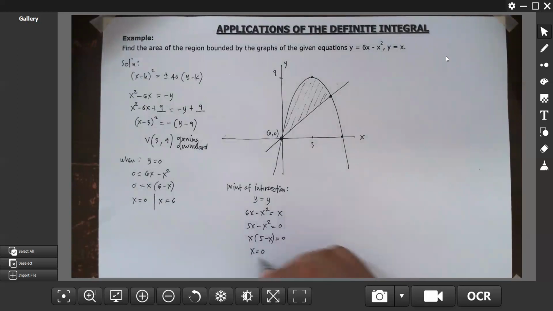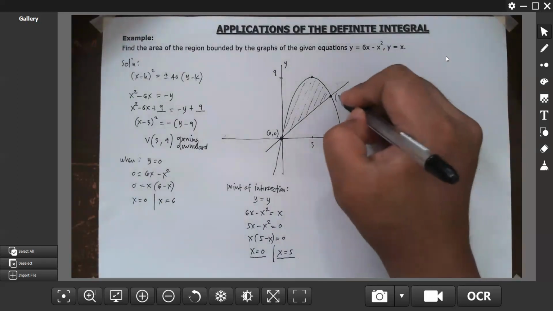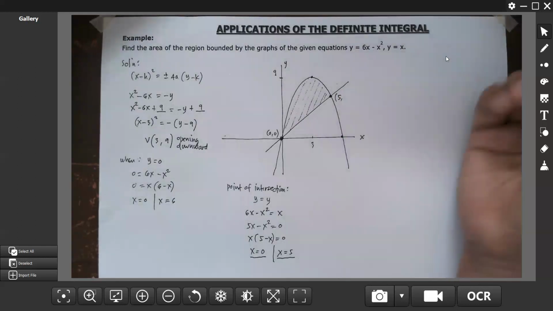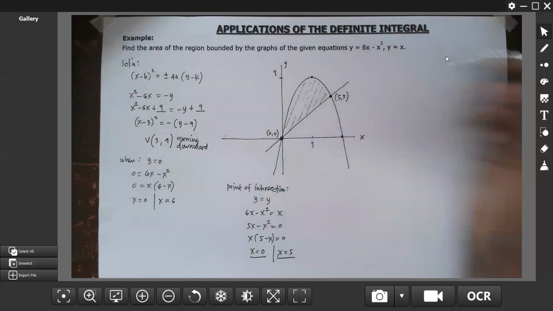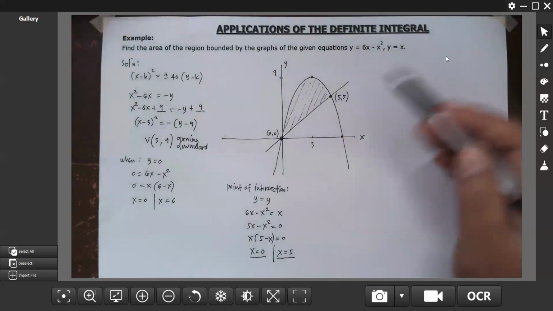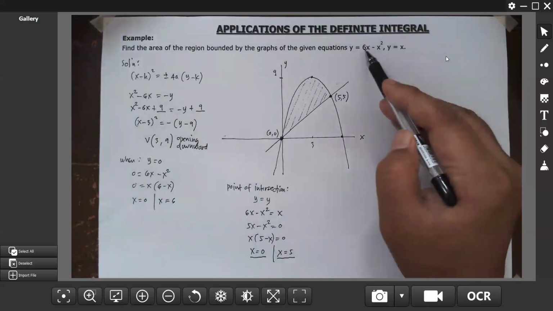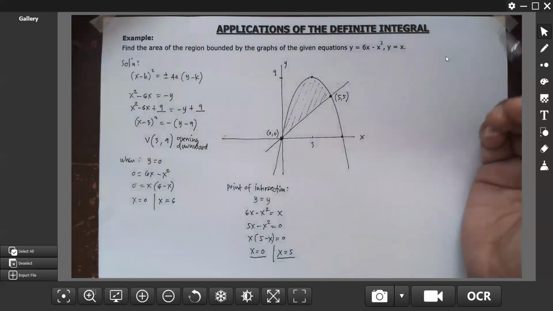So one point is x equal to 0, the other is x equal to 5. So x here is 5. And to solve for y, just substitute into y equals x. So 5. If you double check with the other equation, you can. Like when x is 5, 6 times 5 is 30 minus 5 squared, 25, that's 5.